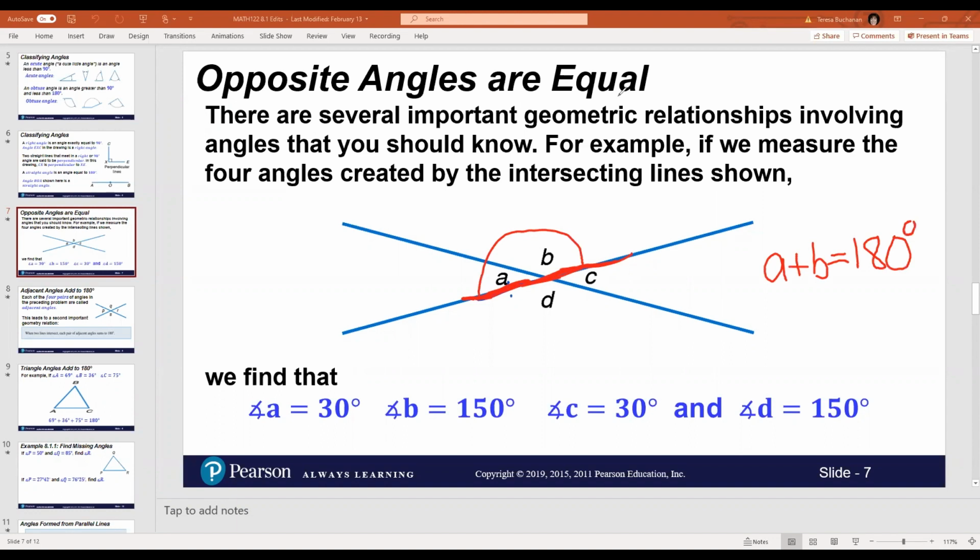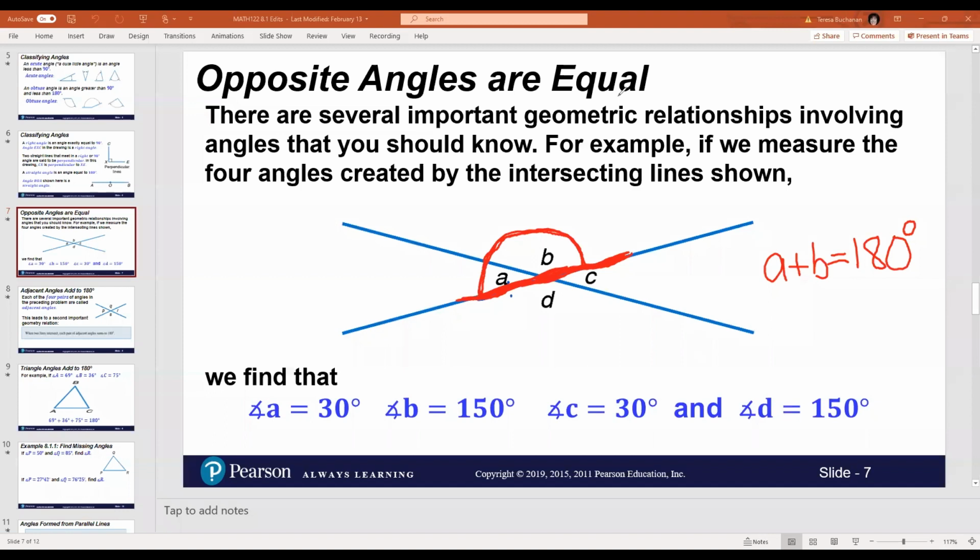We call those supplementary angles. The word isn't the critical idea. The idea is just to realize that the two angles on a straight line have to add together to make 180.